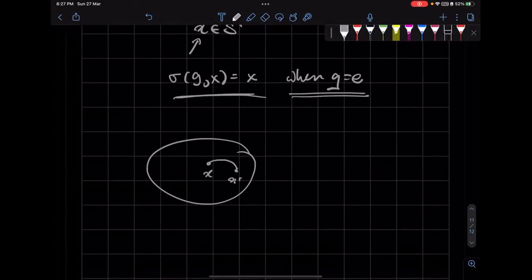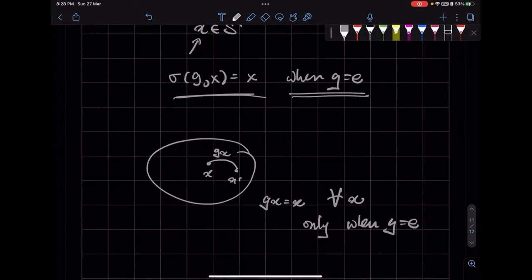X goes to X prime, G, say, acting on X. And now, if you find that this is true, say for all X, but only when G is E, then we say the action is effective.